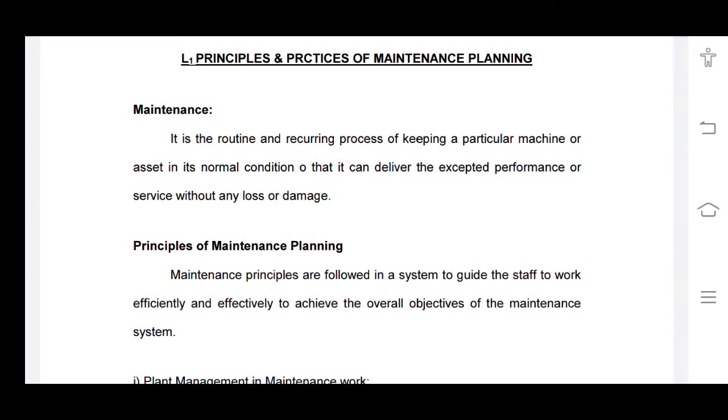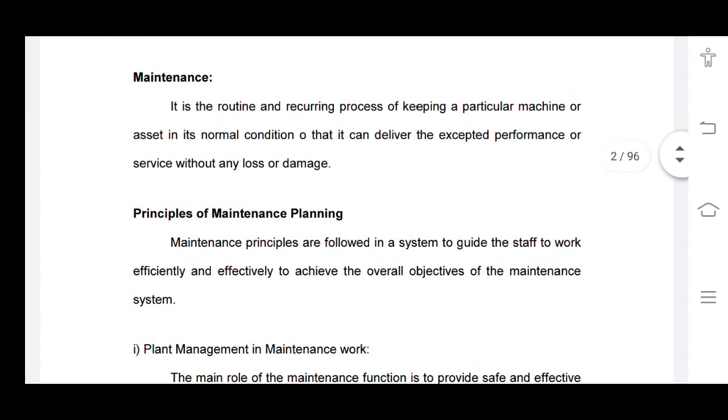So from an engineering point of view, an engineered object is said to have failed when it is no longer able to carry out its intended function for which it was designed and built. So as a maintenance engineer, your duty is to prevent it.